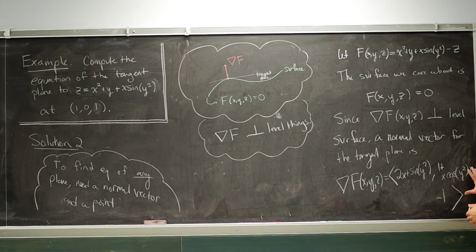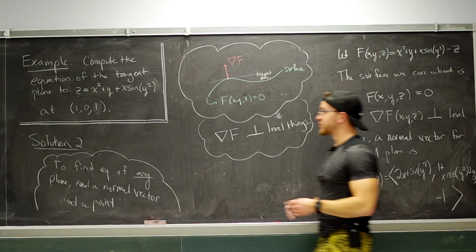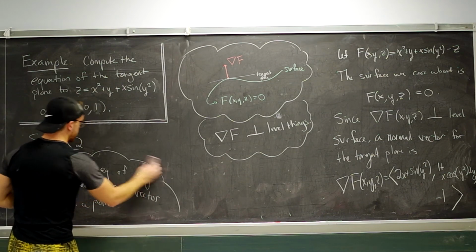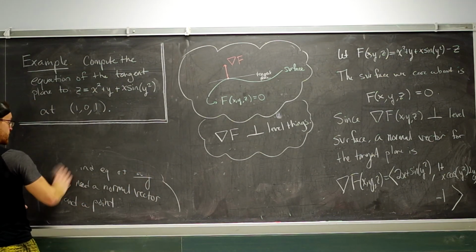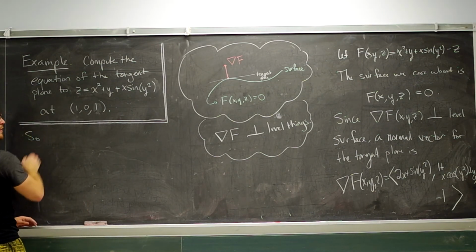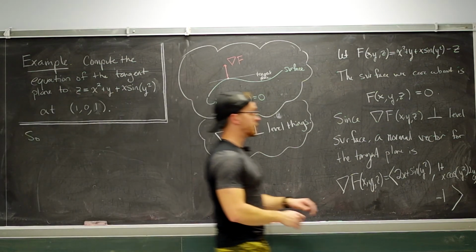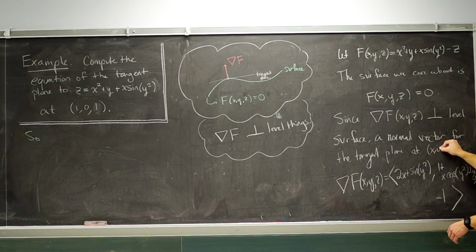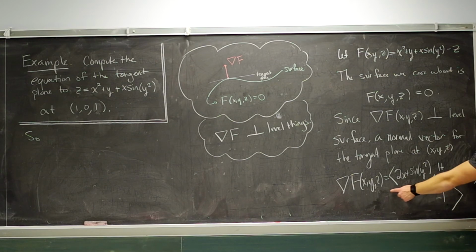So hopefully this isn't too awful to read. But 3 components, here, here, and here. This will be our normal vector. Now the normal vector we actually care about is that at the point (1, 0, 1). Plug that in, we've got our point, and then we're done. So I'll be careful. This expression represents the normal vector at any point x, y, z.